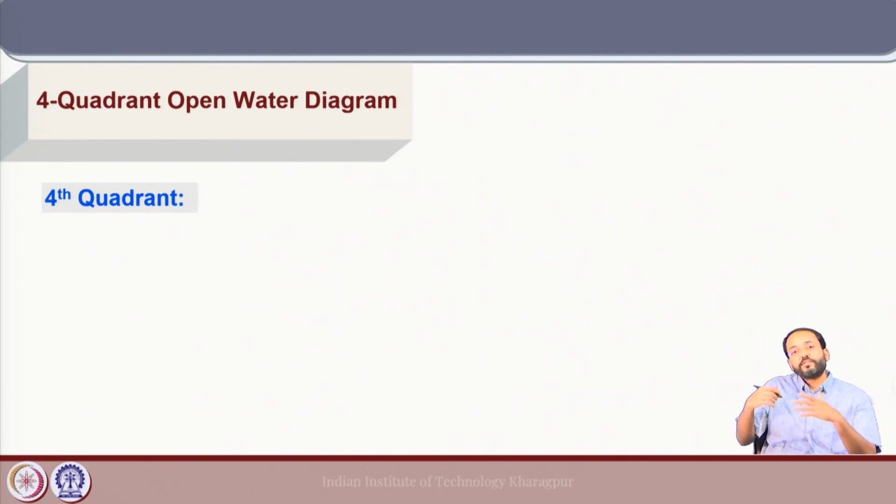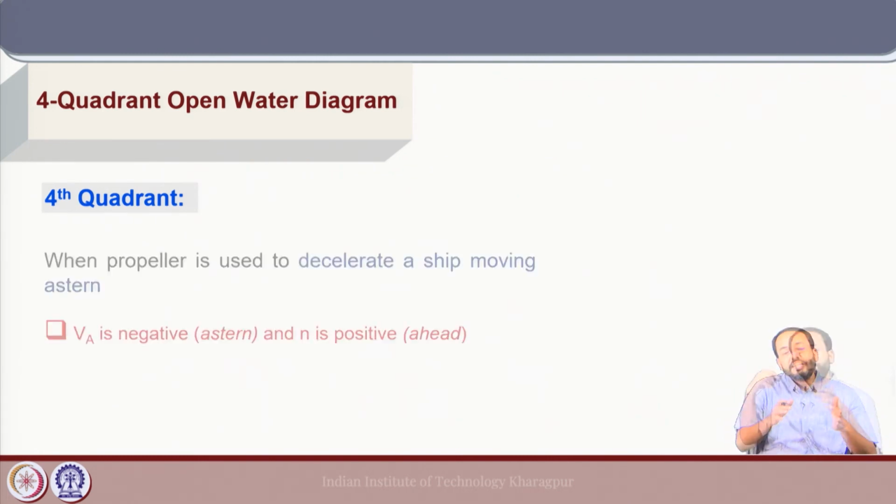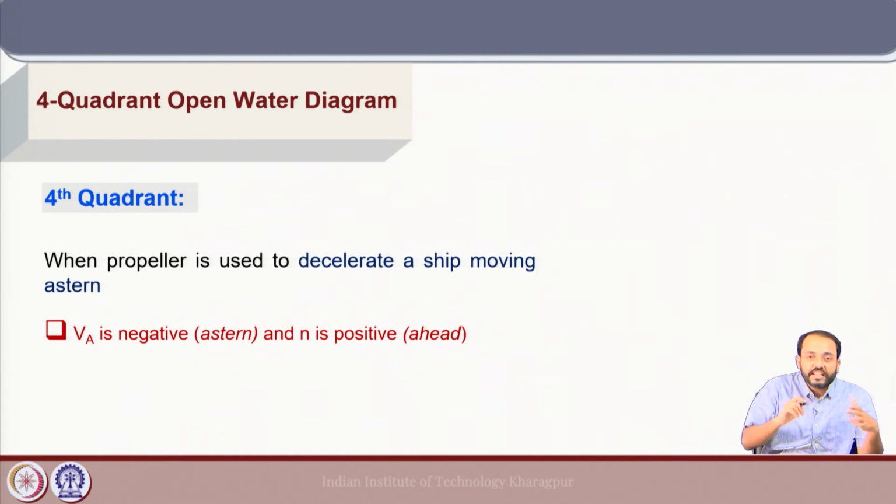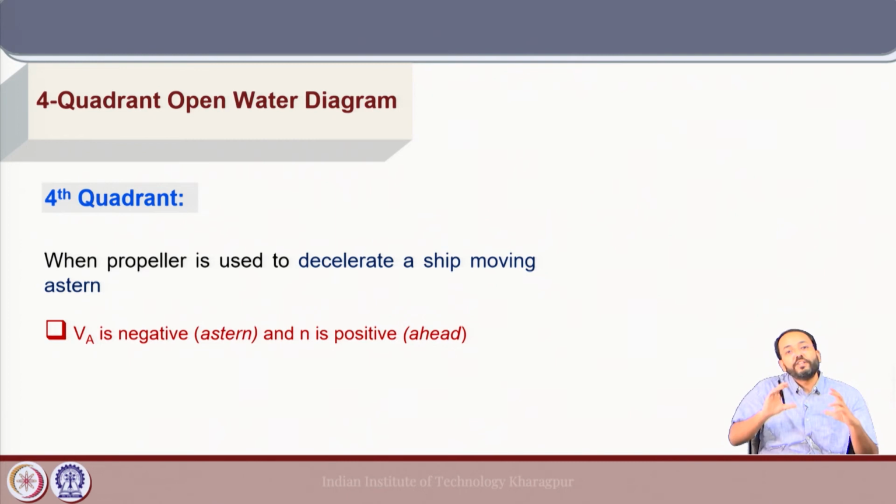So, we would again try to go from a position where we have the ship moving astern to the position where the ship will move ahead. In this particular condition the ship will decelerate, but it is still moving astern. So, Va is negative and N is already positive because we have given the propeller a forward rotation.